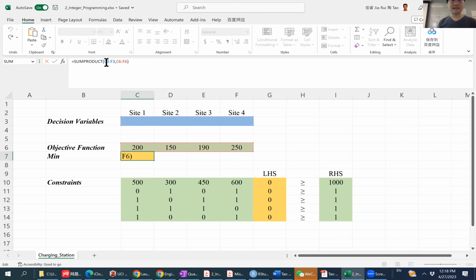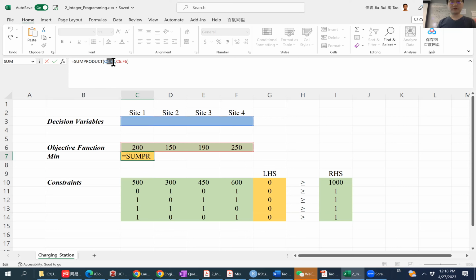However, when constructing the function, we always begin with an equal sign. So you must include this equal sign to claim a cell to be a function cell. Otherwise, it will stay as a constant. It won't change no matter what you do to the other cells.